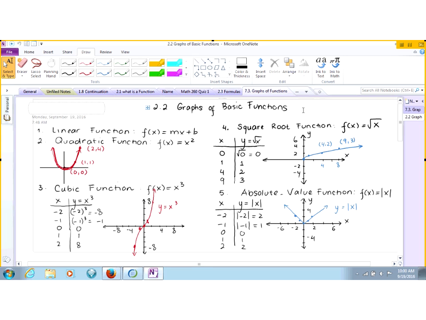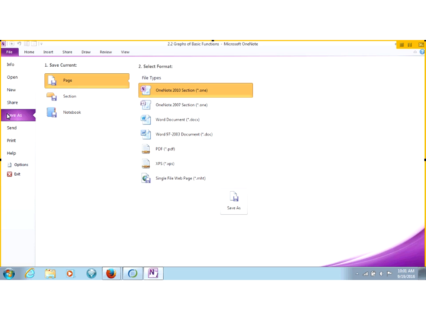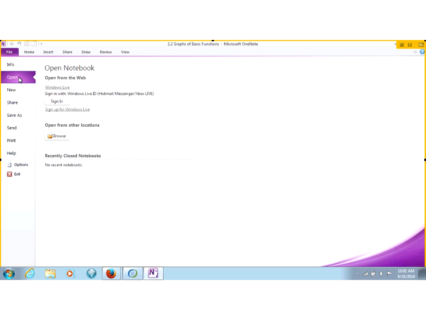Can you guys help me? Somebody come up here. It's gone? Where is back? It doesn't work. Save as. Okay. Open. Where?